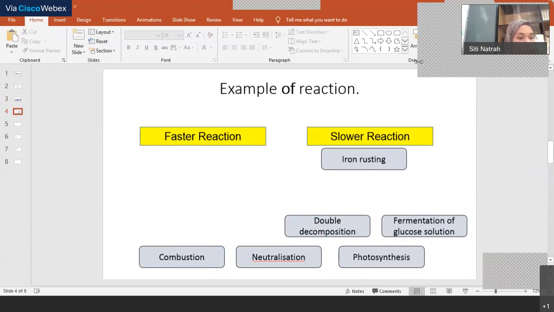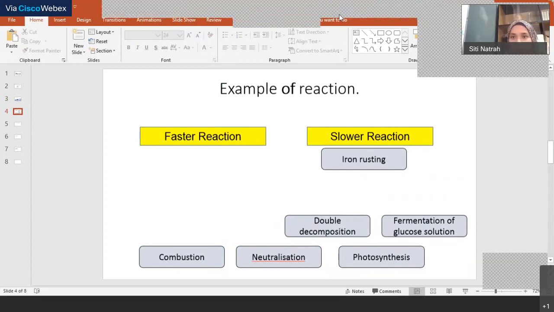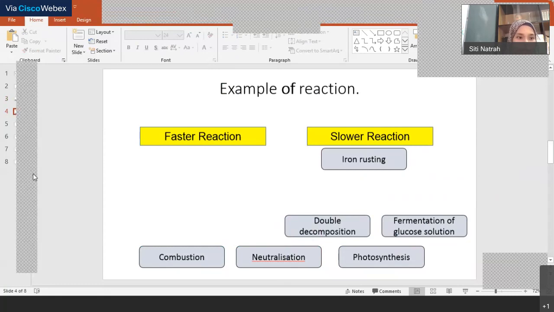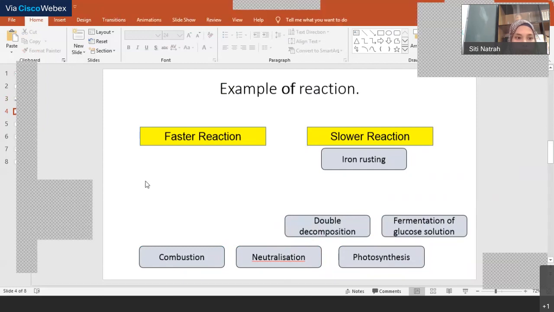Kalau air rasting ni, formula dia punya chemical equation dia.